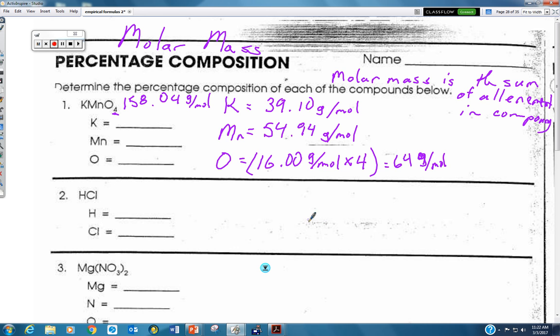Now, to determine percent composition, we are going to take the mass of the element divided by the molar mass times 100, and that will give us the percent composition for each of these. So I'm going to go ahead, set up the equations that we have, and then we will give you a minute to solve.